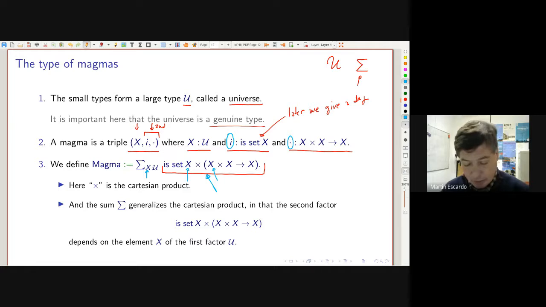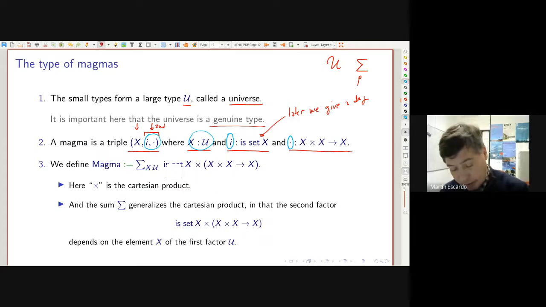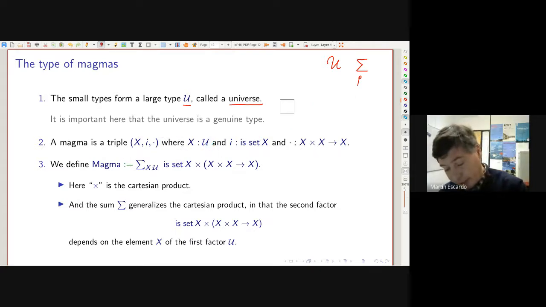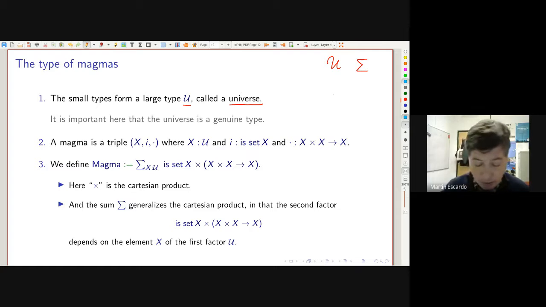You first give something which is an element of the universe, and then you give something else in the second component which depends on the first. But other than that, it's just like a Cartesian product to form pairs, and if you iterate this, then you get triples. Any question about that if you haven't seen this before?